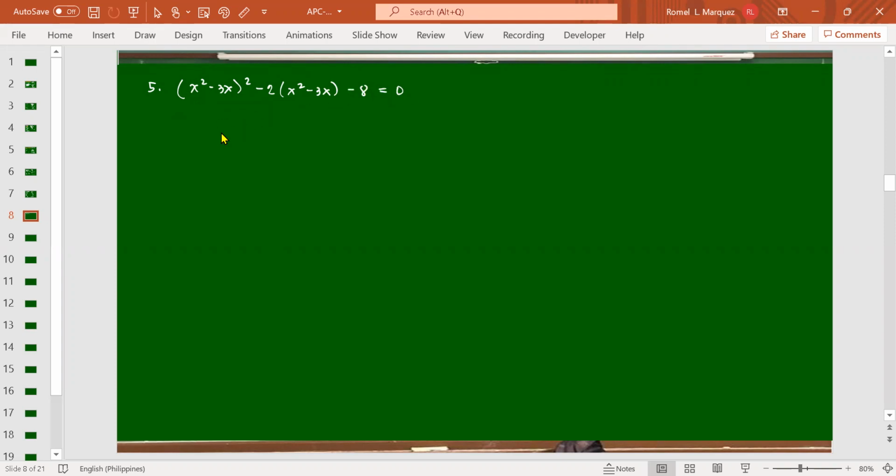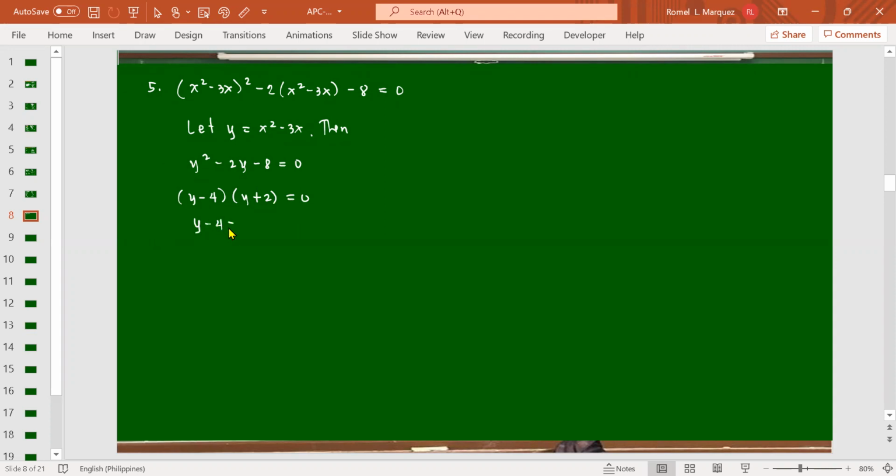What about this? So here, you can let y be equal to x squared minus 3x. Hence, the equation now becomes y squared minus 2y minus 8 equal to 0. This is factorable into (y minus 4)(y plus 2).